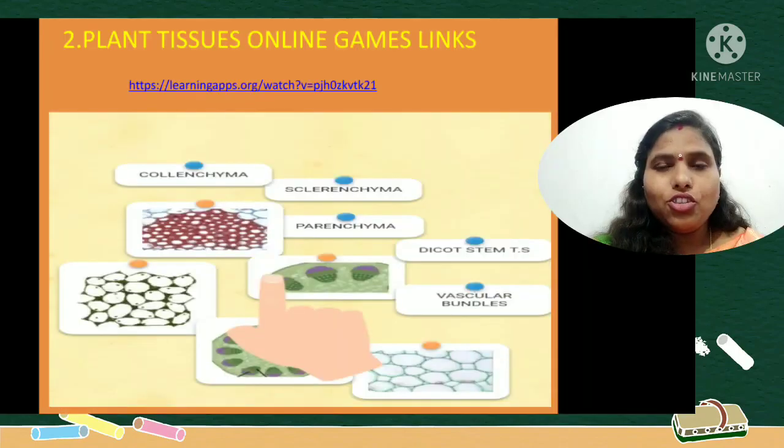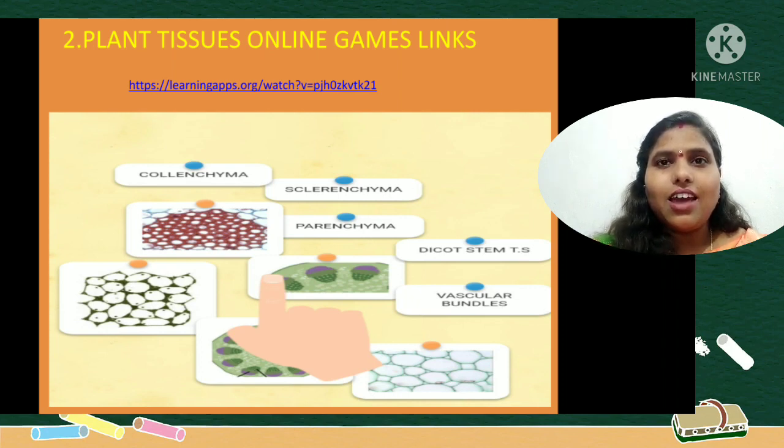Then various activities for the observation of cells in leaf and onion bulb, and the differences among parenchyma, collenchyma, sclerenchyma, and xylem and phloem also. I hope you can understand this lesson up to this point.